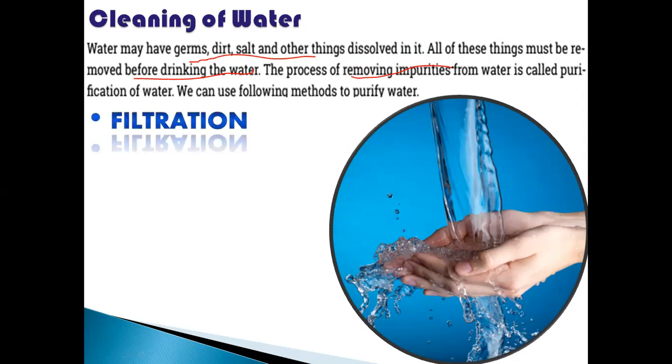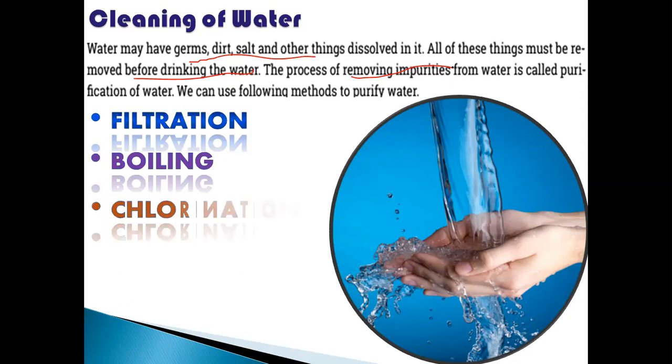So first of all, we will see filtration. All these processes you have studied in grade 6 as well, but right now we will just see their overview and some other methods also. So first of all, we'll see filtration, by which we can filter the water, then boiling. That is another method for cleaning of water.